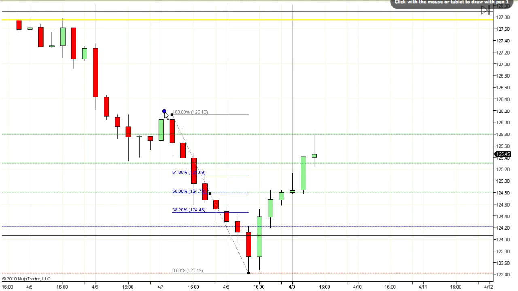This was more interesting for me. I thought it was a stronger option of how price would react based off last night. So we can see my first target at 124.80 lined up quite nicely with the 50% fib, and the second target 125.30, third target 125.80.